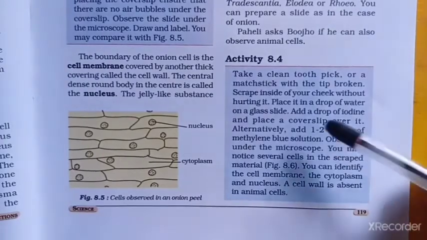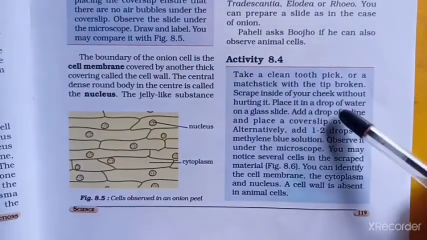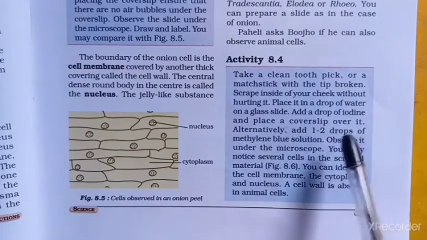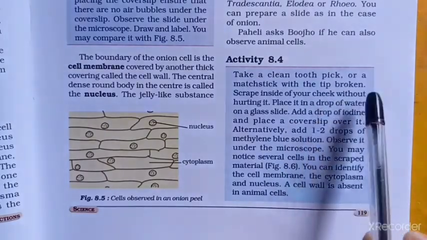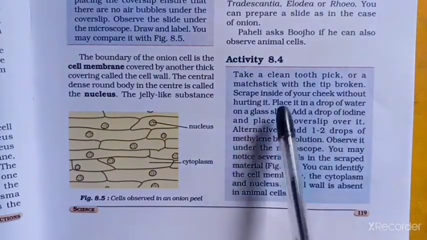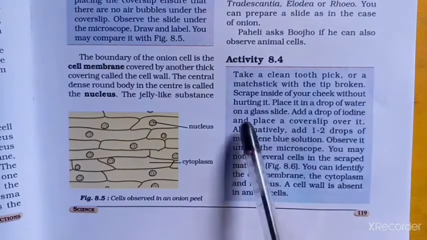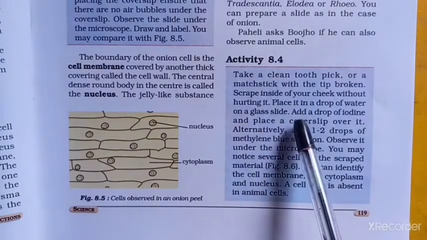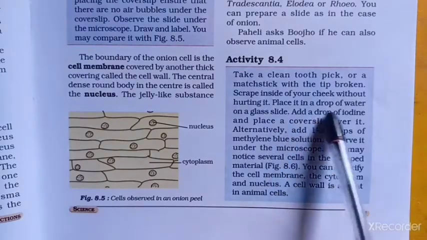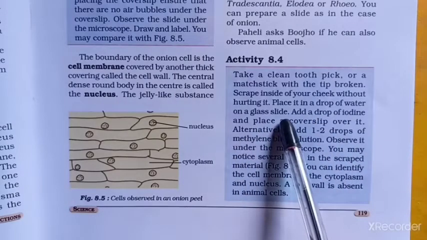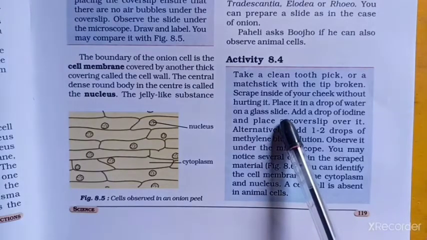So here we have to take a clean toothpick or a matchstick with the tip broken. Scrape inside of your cheek without hurting it. So we have to place it in a drop of water on a glass slide. The toothpick goes inside our mouth, collecting the cheek cells.